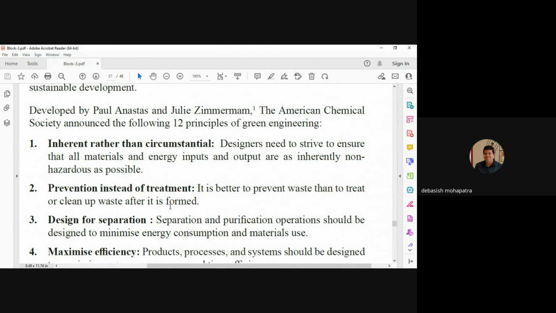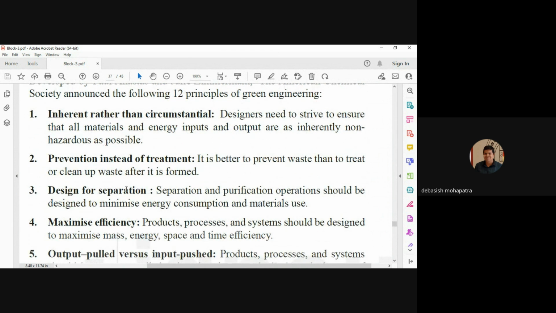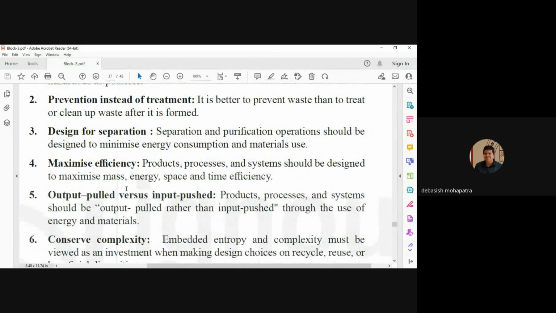First is inherent rather than circumstantial. Designers need to strive to ensure that all materials and energy inputs and outputs are inherently non-hazardous as possible. Prevention instead of treatment. It is better to prevent waste than to treat or clean up waste after it is formed. Design for separation.